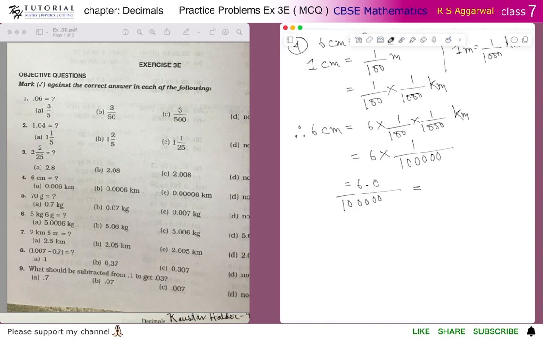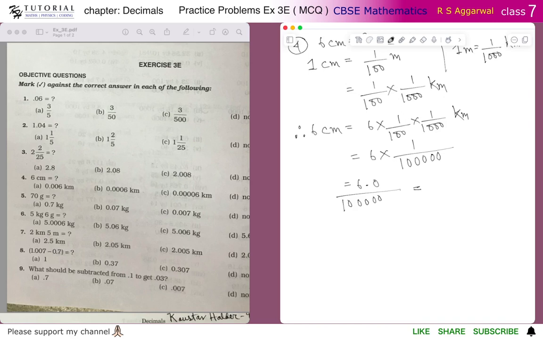We shift the decimal point to the left by as many places as the number of zeros after 1 in the denominator. Now you can see that to the left of the decimal point, we have only one digit, that is 6, and we have to move 5 places to the left.